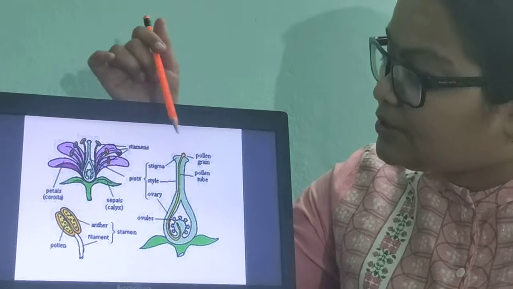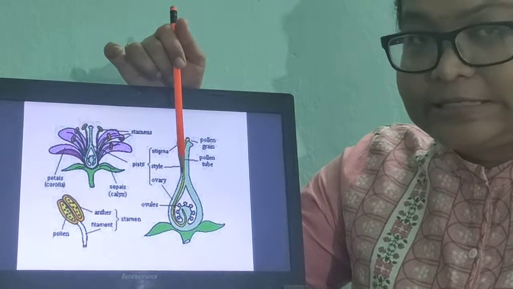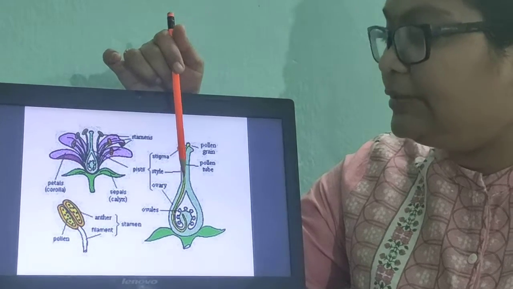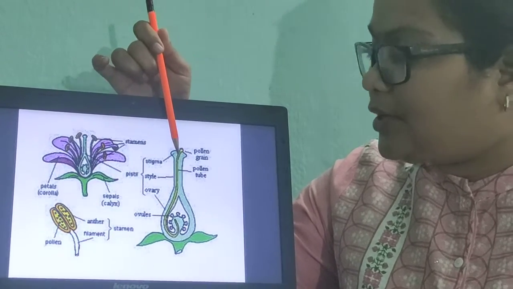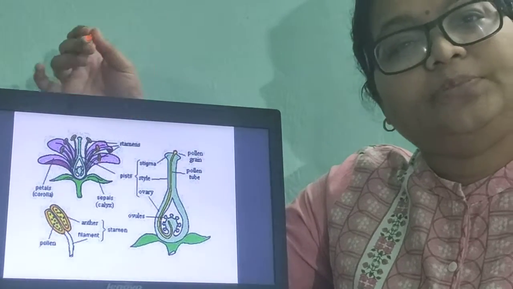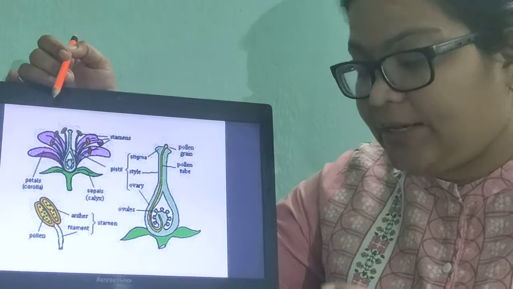Right? So this is about the structure of the pistil or carpel having three different parts and the role of these three parts in the process of sexual reproduction. Clear?